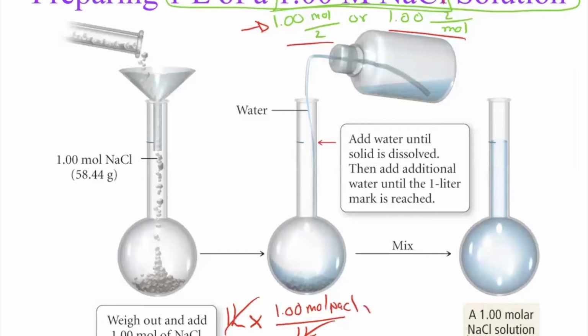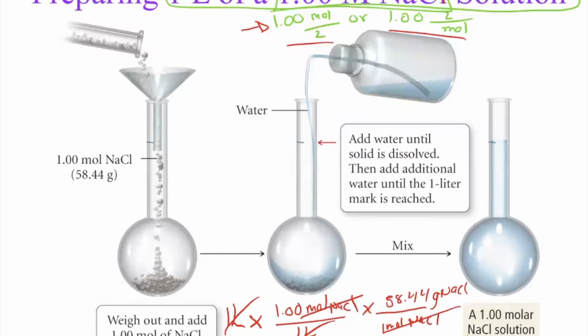So we need to convert it to grams, and to do that, you're going to use the molar mass. 1 mole of NaCl is, if I'm not mistaken, 58.44 grams of NaCl. Notice that your moles cancel and you end up with 58.44 grams of NaCl.